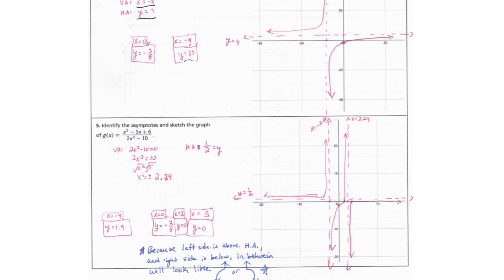Now, if you look at my notes, if we look back 2 slides to the example of graphing 4x squared minus 9 over x squared plus 2x minus 15, both of the curves are above the horizontal asymptote.